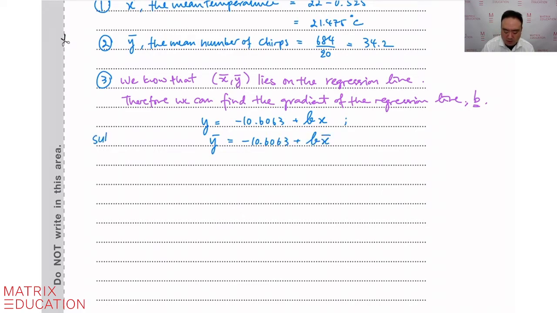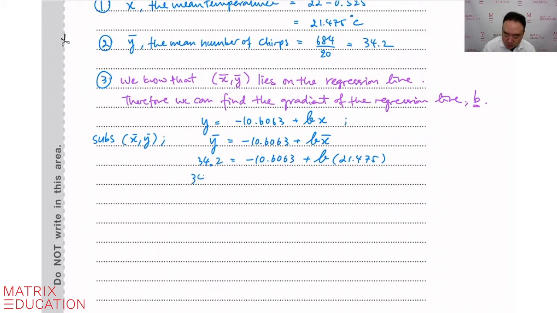Substitute x bar, y bar. So what do we have? We have 34.2 equals negative 10.6063 plus b times the mean temperature, which was 21.475. When we calculate this, we move everything across to the other side and make b the subject.